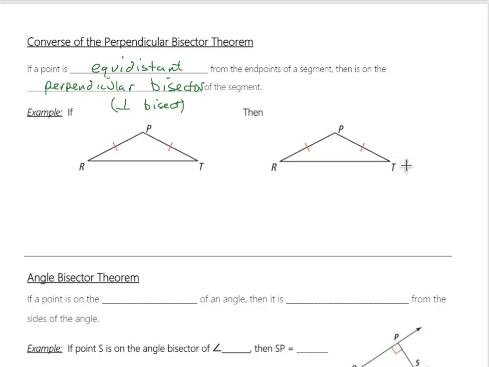So if a point is equidistant from the endpoints, say point P is the same distance from R as it is from T, then point P must be on the perpendicular bisector.